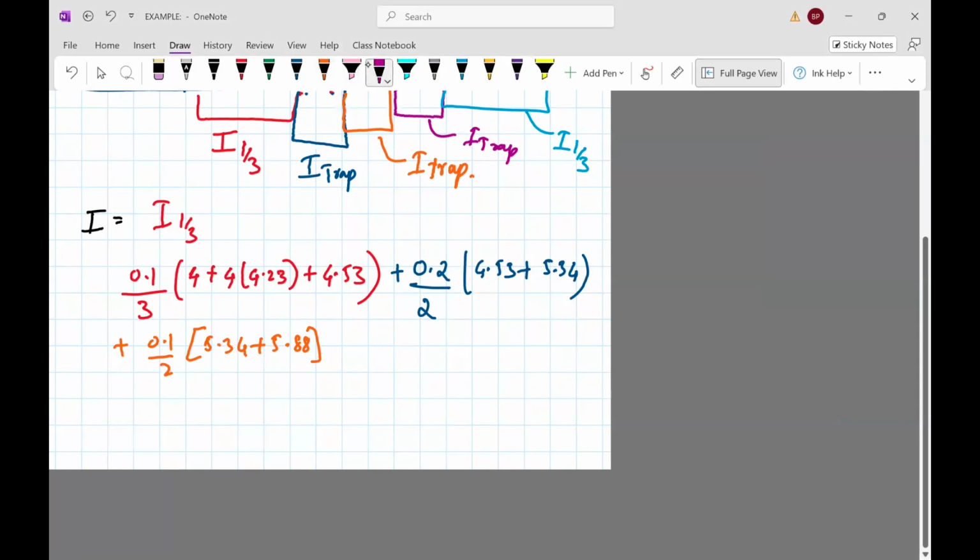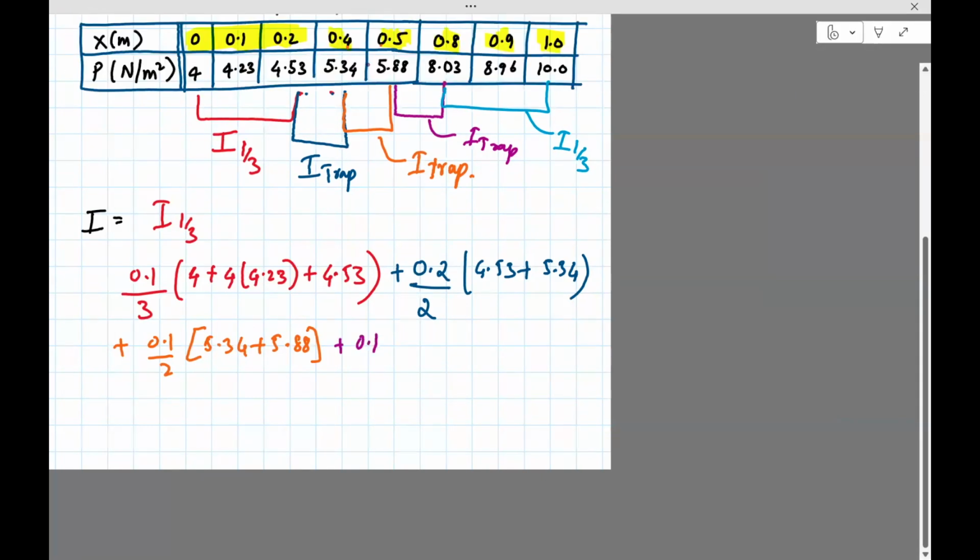Then I use the trapezoidal rule again. Sorry, my bad. So 0.8 minus 0.5, let me write it down explicitly, times 5.88 plus 8.03.